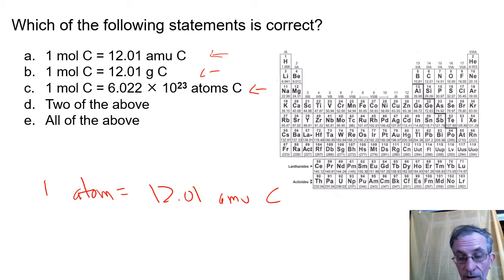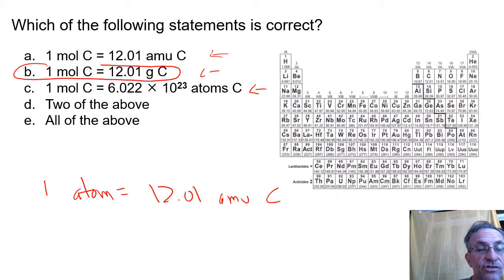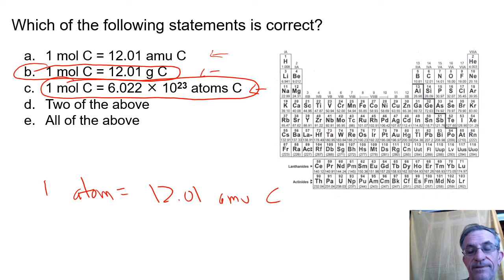A mole of carbon weighs 12 grams. So the second one is true, but not the first one. A mole of carbon does not weigh 12 AMU. A mole of carbon weighs 12 grams. Now another one that's true actually is C. A mole of carbon is 6.02 times 10 to the 23 atoms of carbon. So B and C are actually correct.